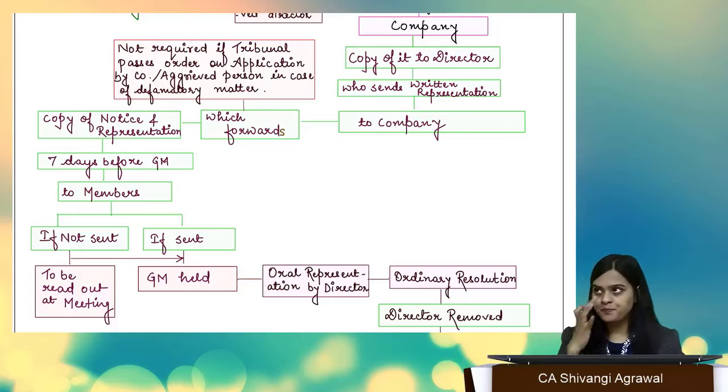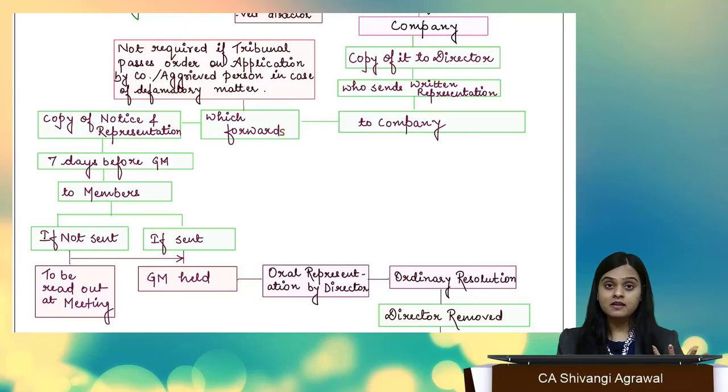The concerned director tries to misuse this power. He has been given an opportunity that he can convey his message to the members. But instead of using this opportunity, he is misusing the power and writing all the bad things that he can about the company, about its directors, about its management, etc.